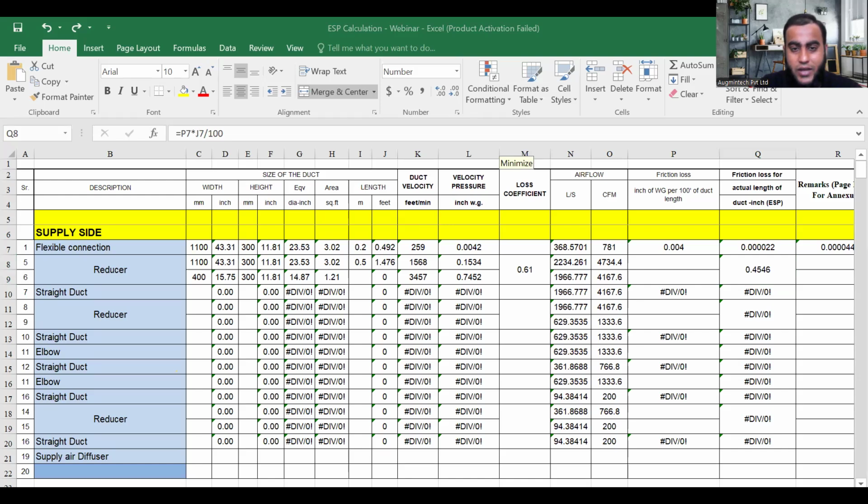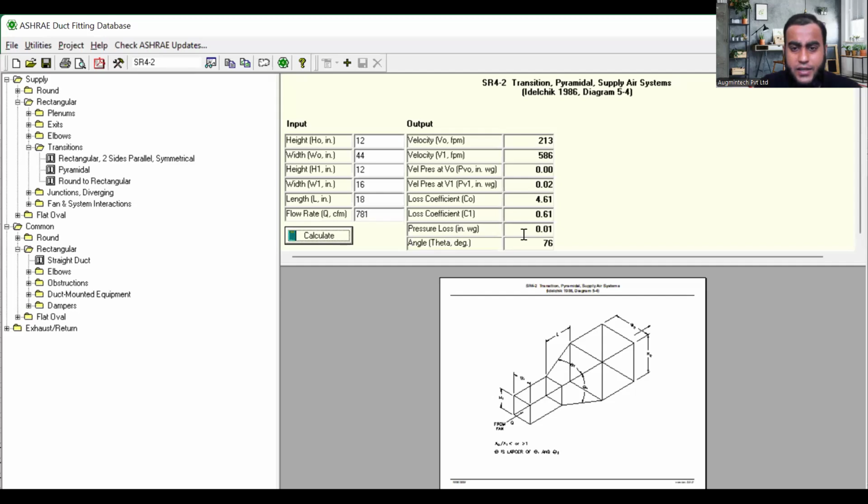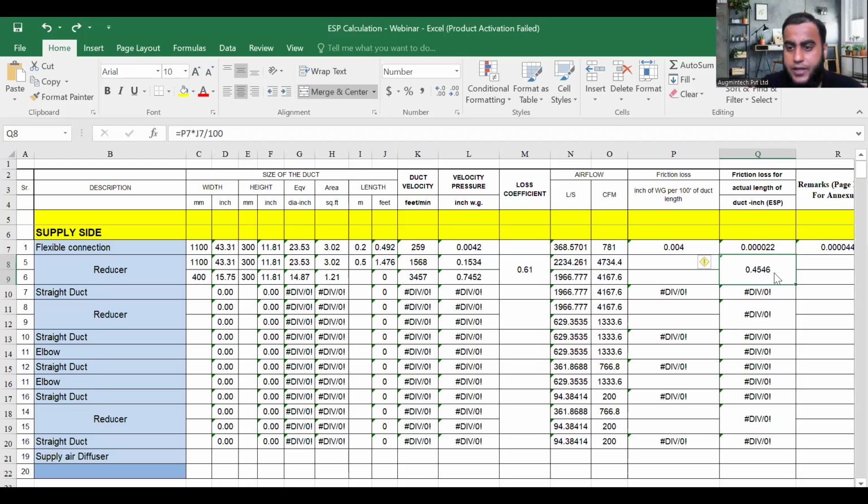Actually, I want to write down directly. Okay, just go for directly. Here it is given. So see, the pressure loss values directly they have given. So why you are using the calculation? If software is available, if it is not there, then on that time we have to go. 0.01. It is showing inch of water gauge. So just write down directly here. I am writing 0.01. Okay, clear this thing.